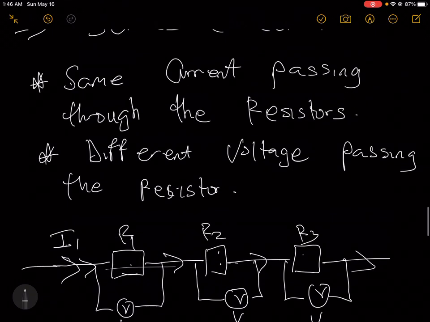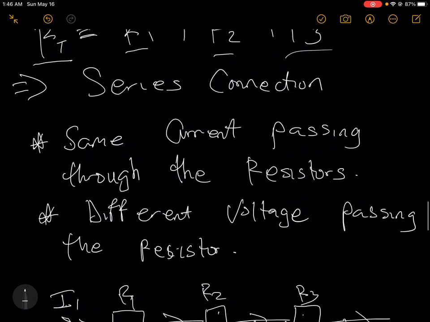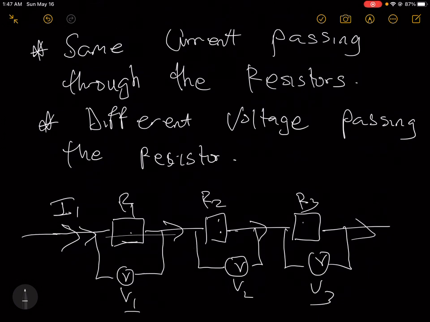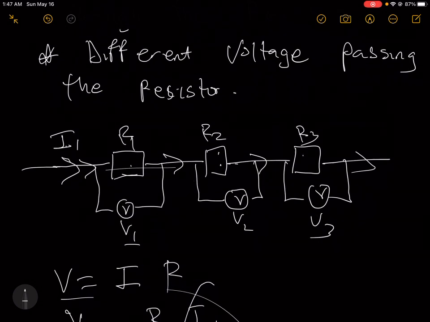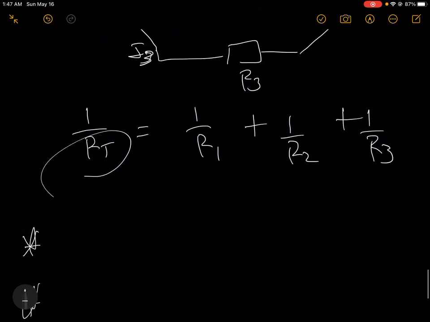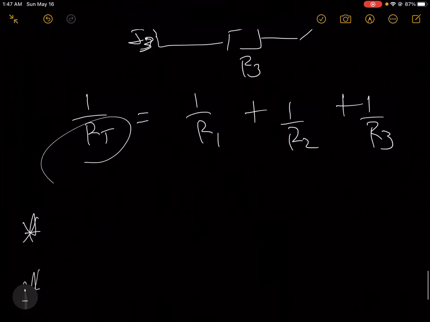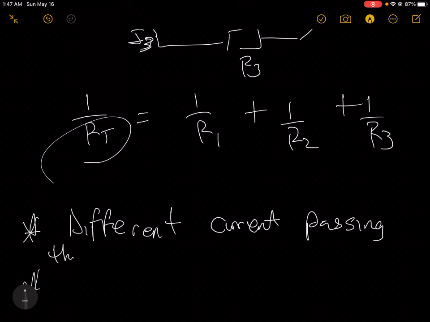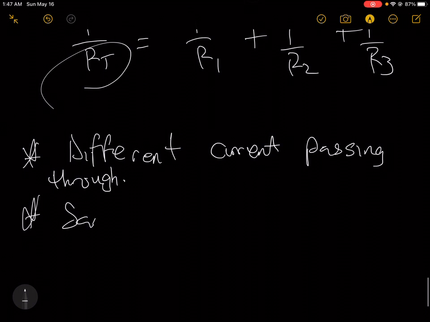Like I listed here, same current passing through for series connection, and different voltage across the resistors. This is for series connection. Then what do we have for parallel connection? We have different currents passing through, and we have the same voltage.